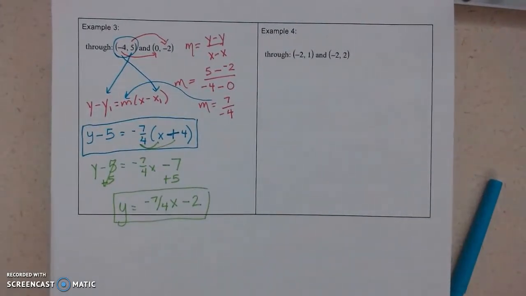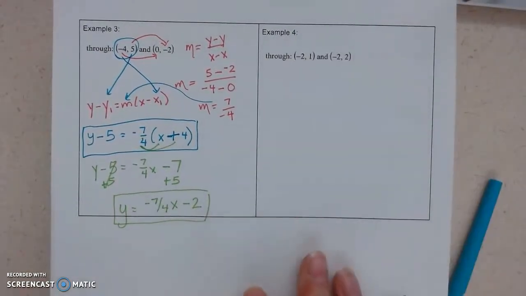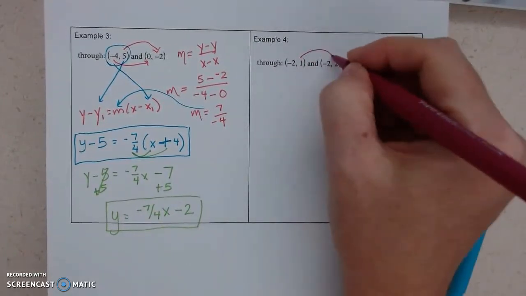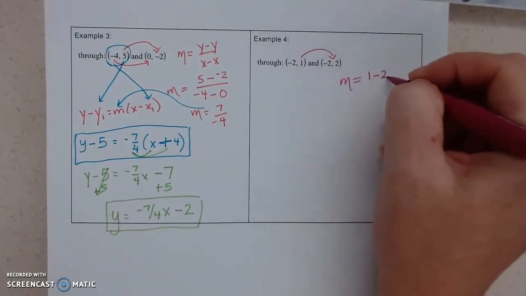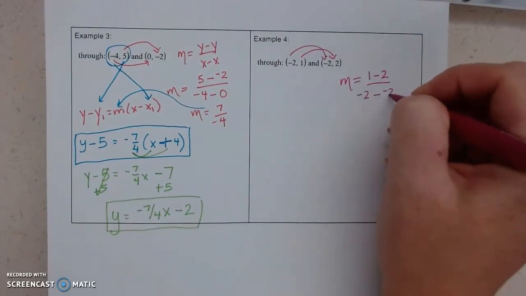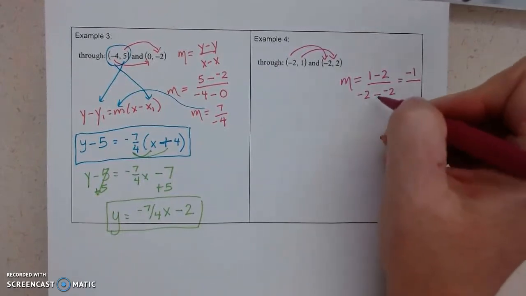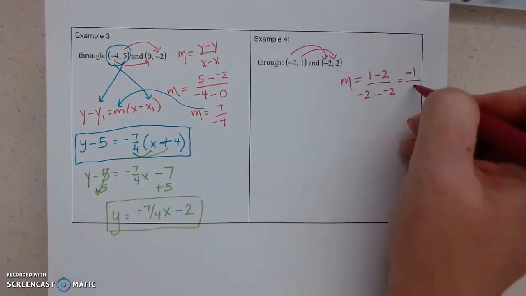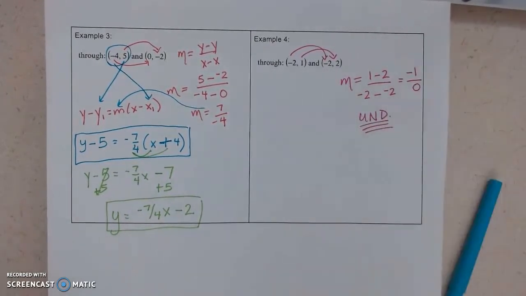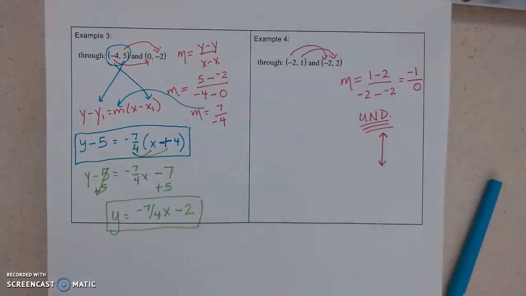All right, let's try one more if you need some more practice. Once again, we're given 2 points, so I need to find the slope. So I've got y minus y, and then x minus x. So 1 minus negative 2. Negative 2 plus 2 is 0. So this is undefined. Remember, undefined slopes are vertical lines.